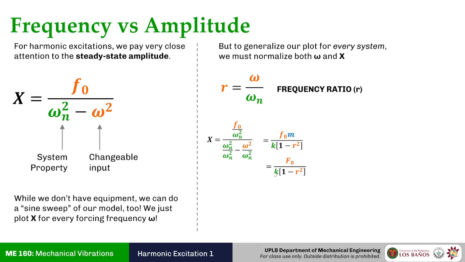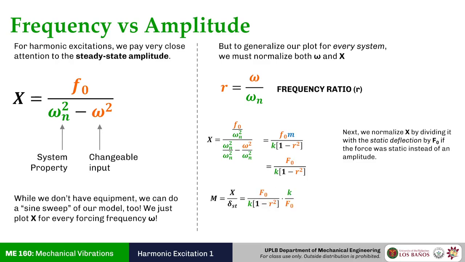And we're going to use that to normalize our steady state amplitude X. If we do so, we will get a brand new normalized term. So if the forcing frequency gets the frequency ratio, the steady state amplitude gets the magnification. This is the definition of magnification in terms of the frequency ratio.